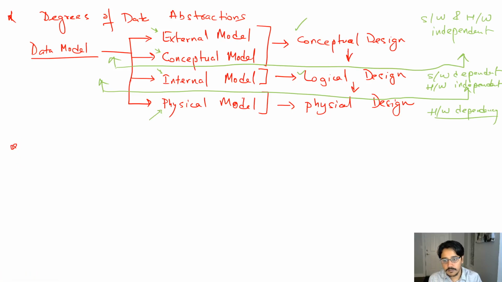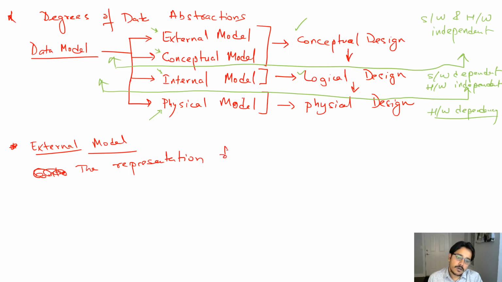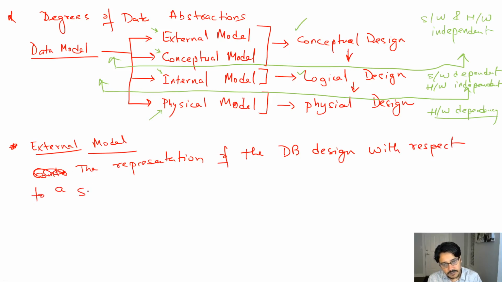So let's talk about the external model. So the external model is the representation of the database design with respect to a specific subcontext within the problem domain.